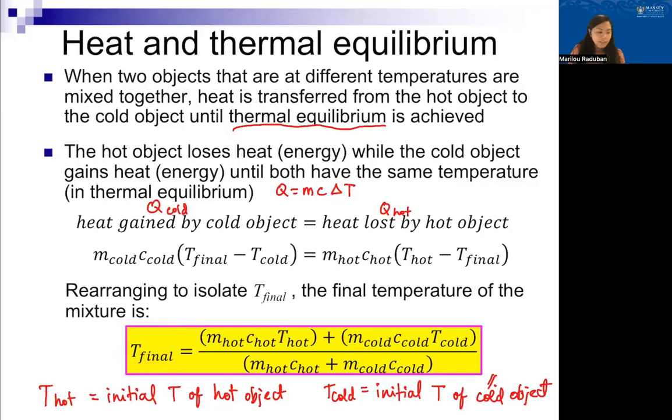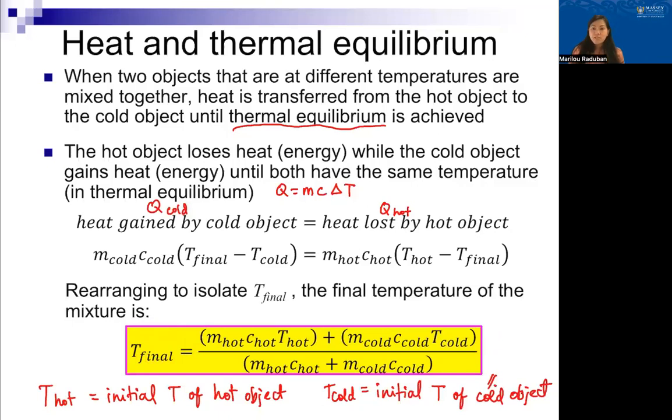So this equation, we'll use in the workshop. The workshop worksheet has a problem which is an example of how we can use this equation. The mastery test that's coming up, mastery test 5, will also have a problem regarding objects being mixed and finding the final temperature. And so you can also use this equation for that.